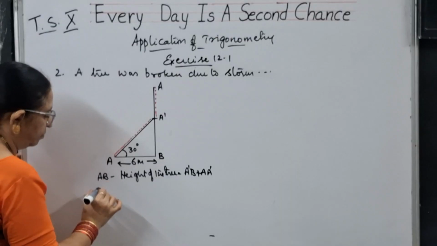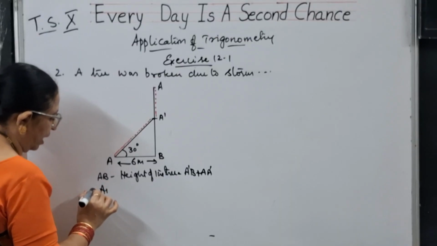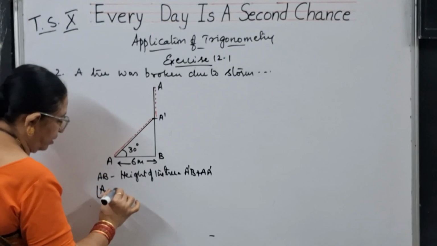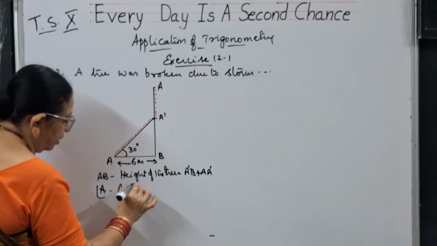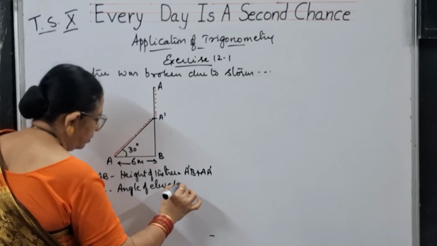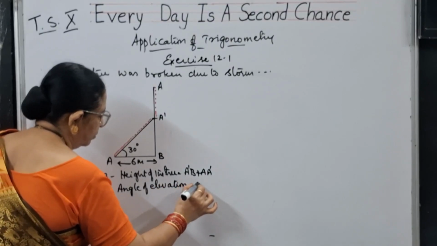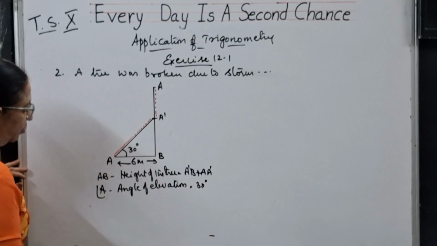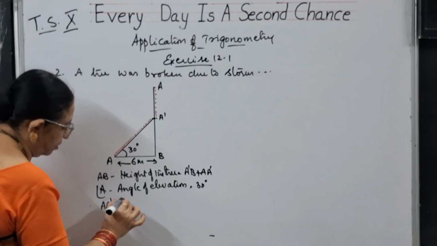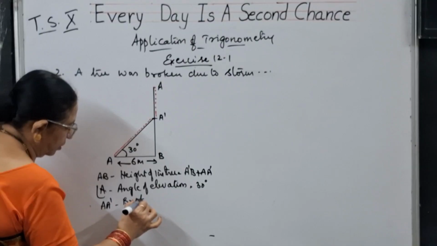Okay, now angle A is angle of elevation that is equal to 30 degrees. And what is this A', children? A' is the broken part of the tree.